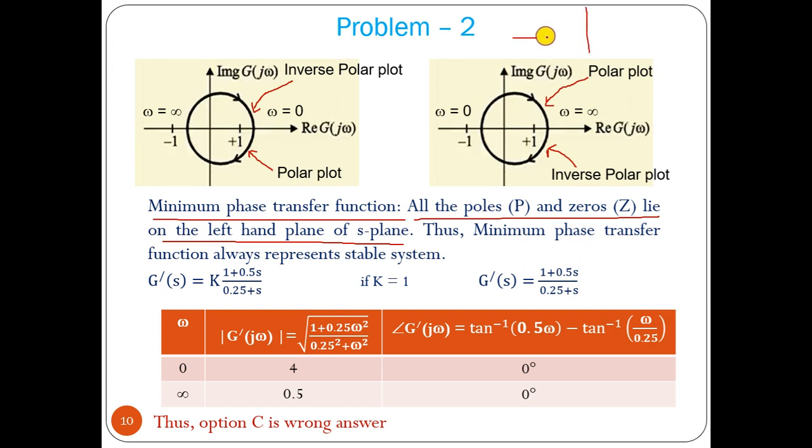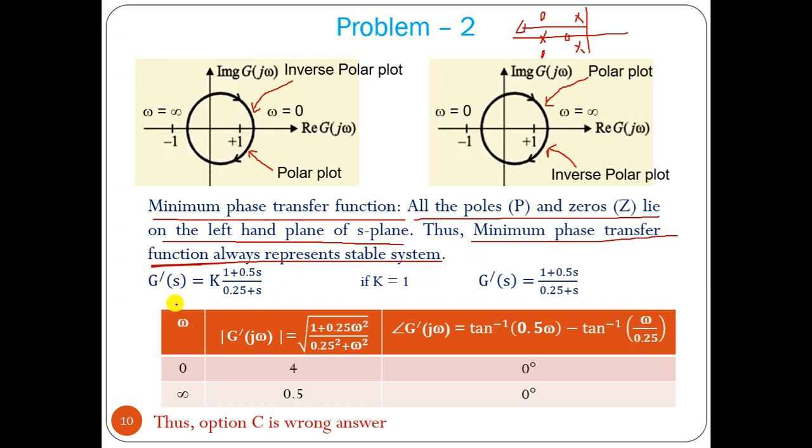That means the system is always stable. Thus a minimum phase transfer function always represents a stable system. So there is no problem; the system is stable for a minimum phase transfer function.